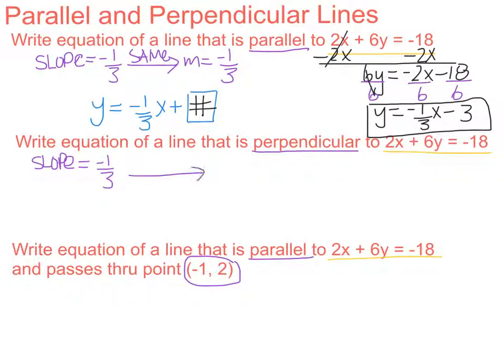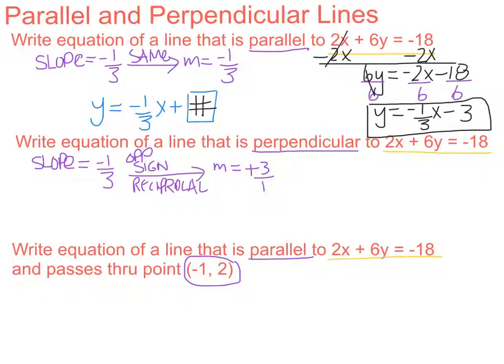So if I want to write a perpendicular line, then I know that my new slope should be the opposite sign, and it should be the reciprocal to my original slope. So let's do opposite signs. So that means in my new line, the slope will be, well, not negative, it will be positive, and not 1 over 3, but 3 over 1.